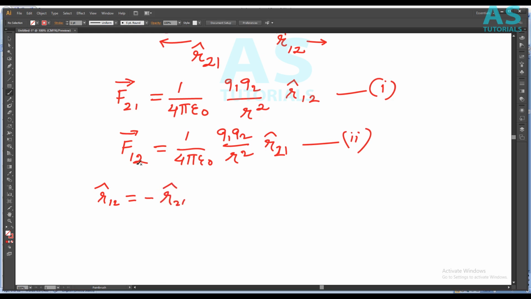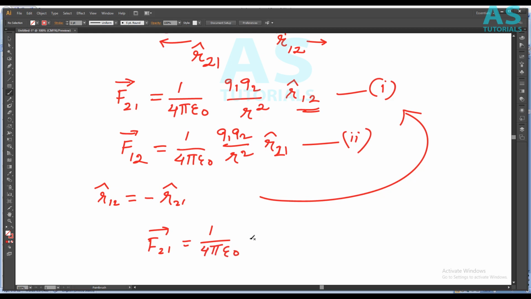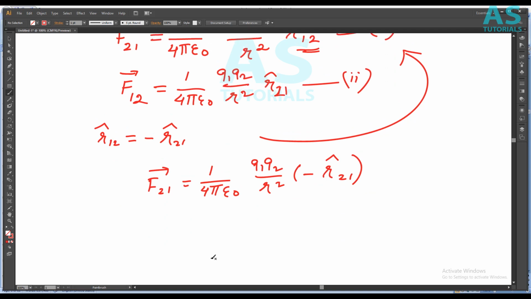So you can use this value of r12 hat and substitute it in equation number 1. If you substitute in equation number 1, you can write F21 vector is equal to 1 divided by 4 pi epsilon naught Q1 Q2 divided by r square, and in place of r12 hat, you can write minus r21 hat. So this will give you negative here.